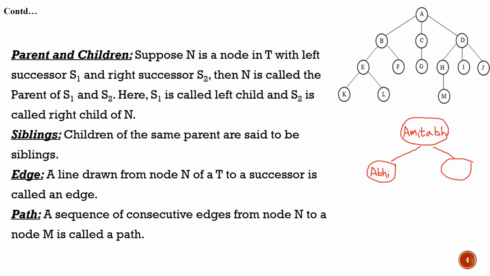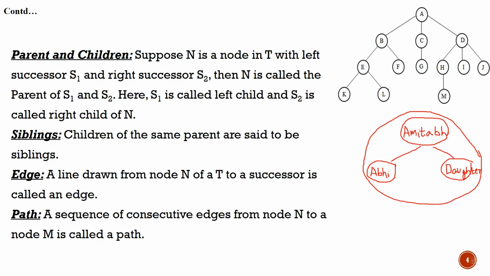The other is a daughter; I don't remember her name, so I am writing it as daughter. This relation we call the parent-children relation. That is a root and the subtrees. Amitabh is the root, correct? Abhishek and his sister are the subtrees of Amitabh.